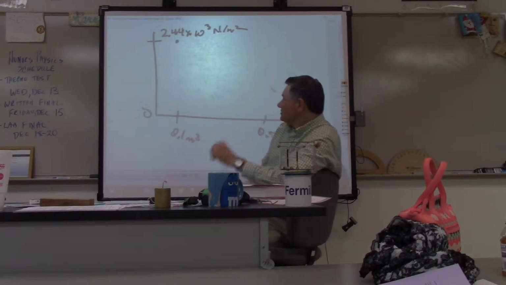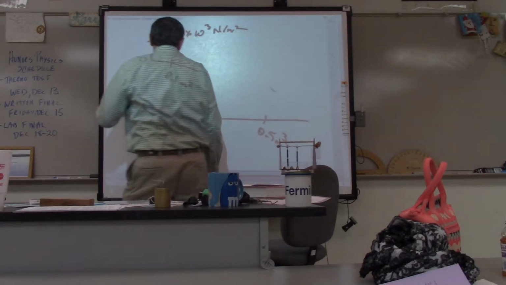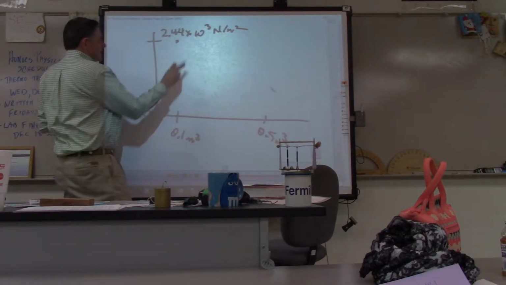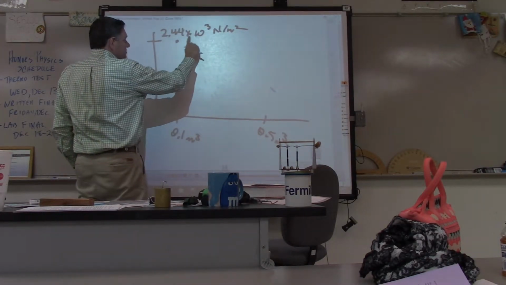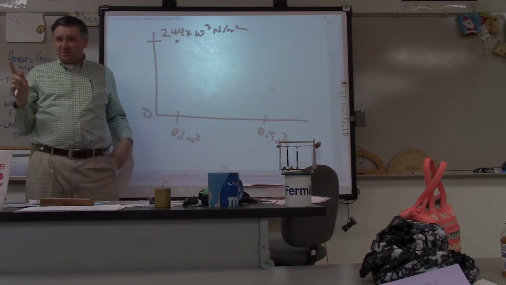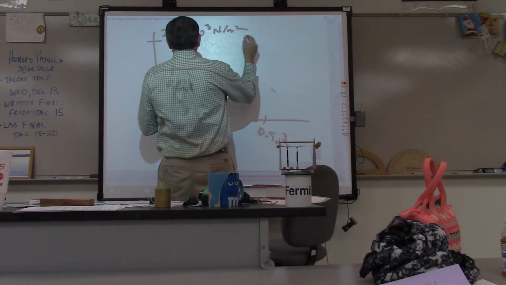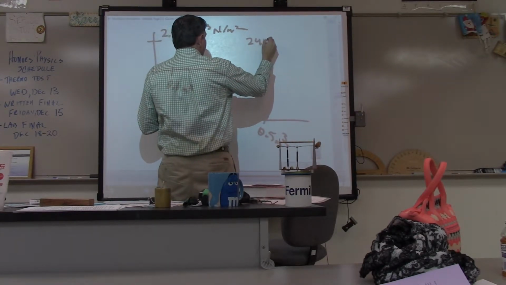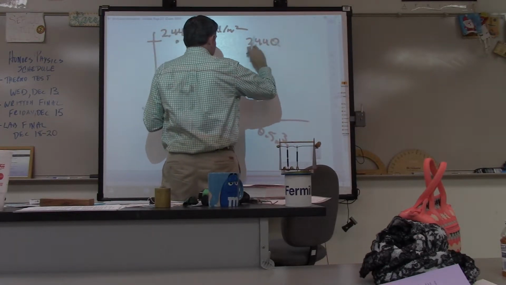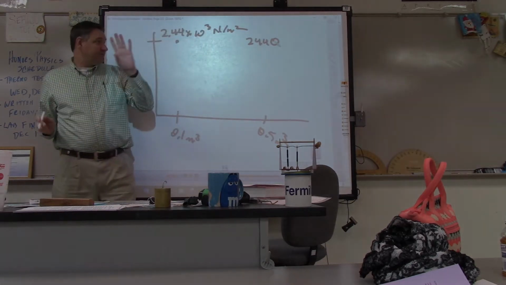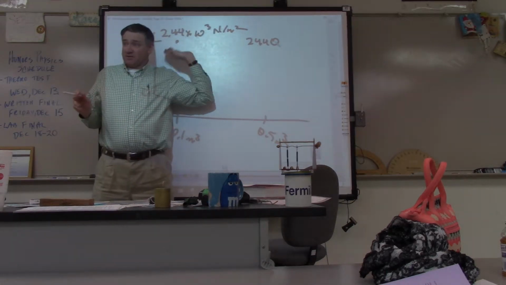We're going to start up here with a gas that's under this much pressure, 2.44 times 10 to the third newtons per square meter. To give you some perspective, that's 2,440 newtons per square meter. That's the pressure of the gas.